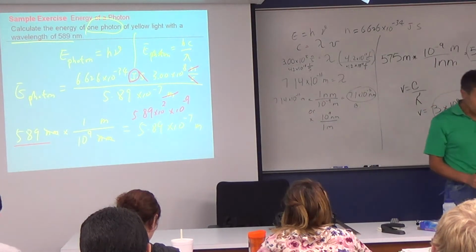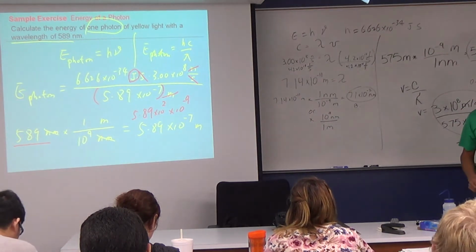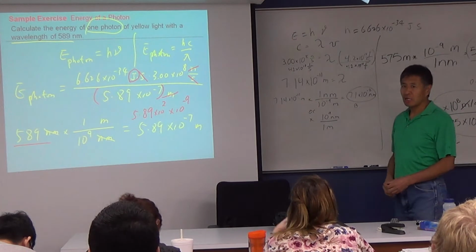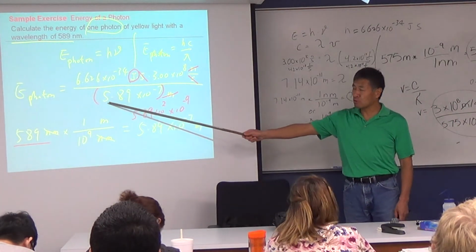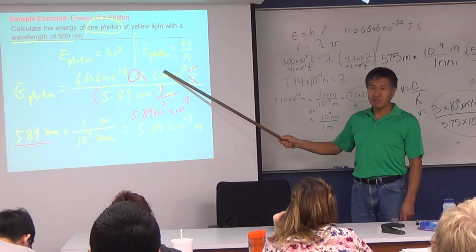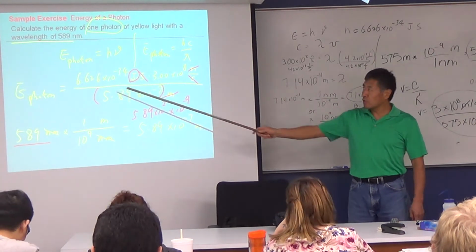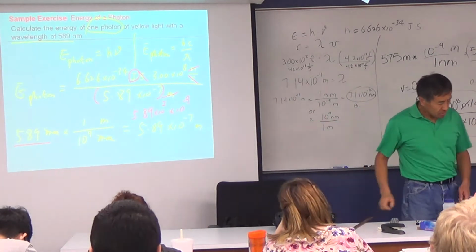Use your calculator. For those numbers on the top it is okay, you don't have to use parentheses. For the number in the denominator, make sure you put that in parentheses. Just use your calculator one by one. So what do we get?